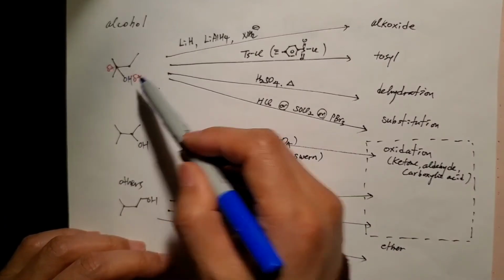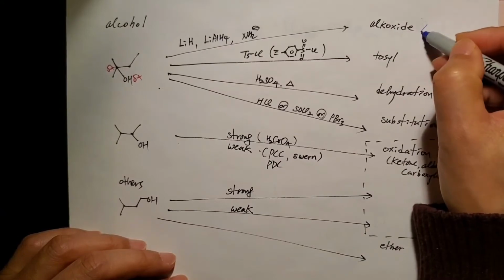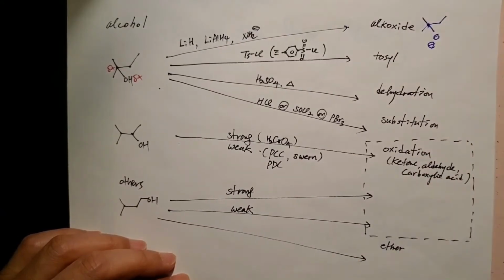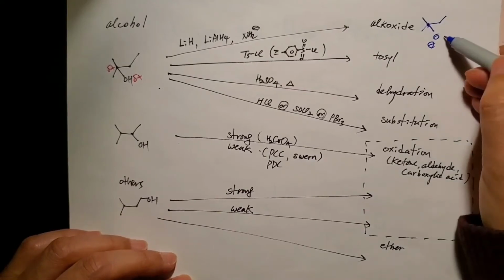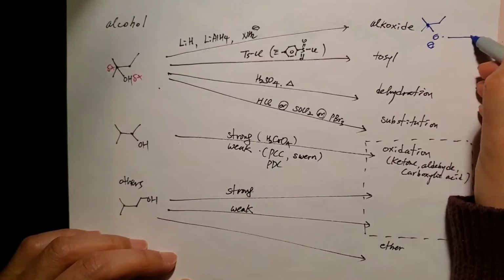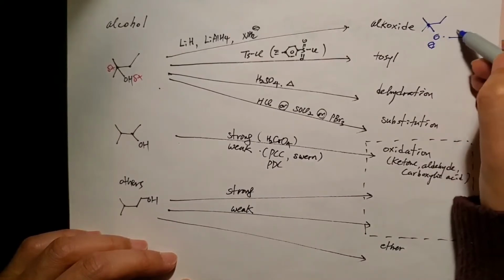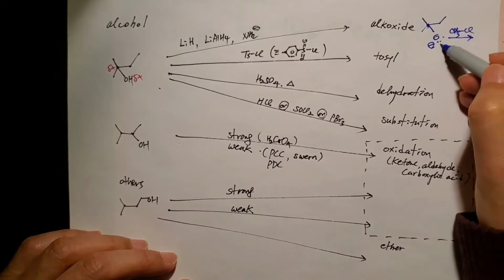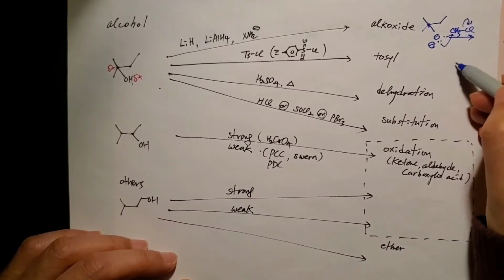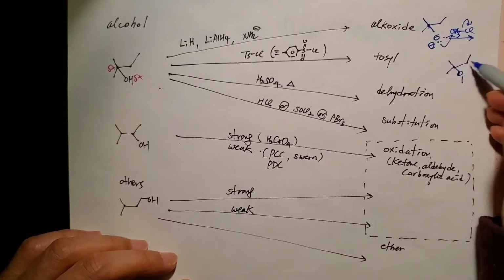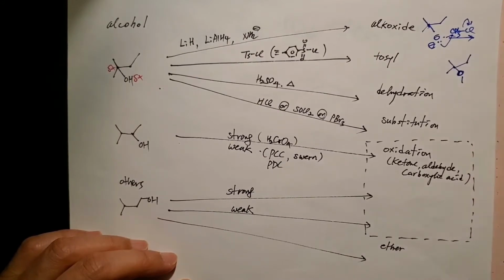So it attacks here, and you normally get the negative oxygen that you are using to make ether. We talked about this before also. You let this one attack an alkyl halide, then you can imagine SN2, and you get the ether functional group as a product.